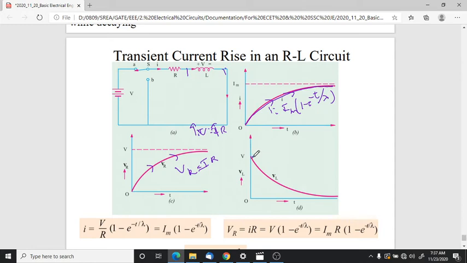Whenever the current is slowly increasing, the total voltage will try to come across the resistance, and the voltage across the inductance will slowly reduce. The formula for this is V equals Vm e power minus t by tau, because it is in decaying mode. Okay.